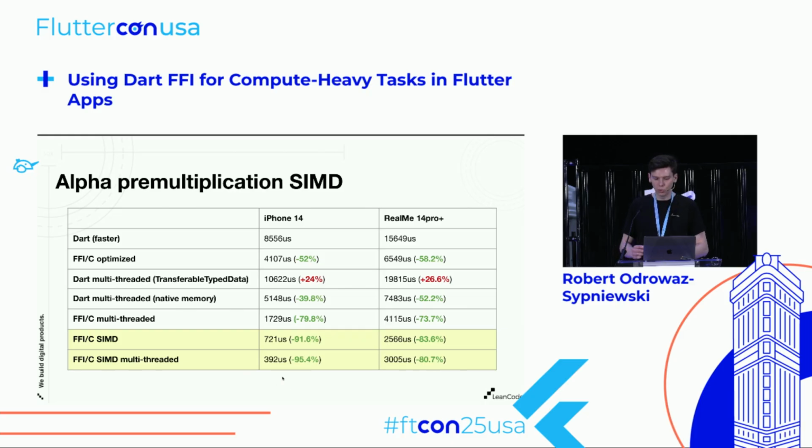And with multi-threading and SIMD, because SIMD is an optimization per thread, we can reduce the time by 95% on iOS, so over 20 times faster, and 80% on Android. So we actually lost some performance by introducing multi-threading.